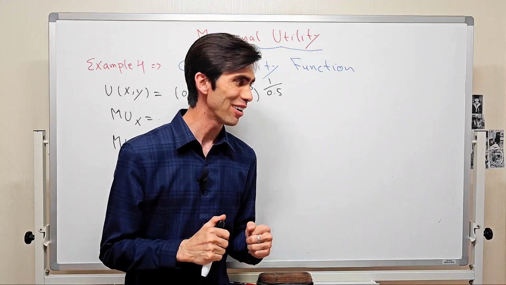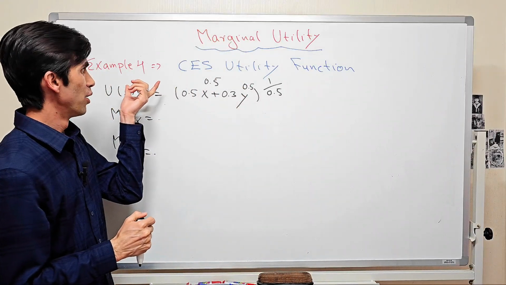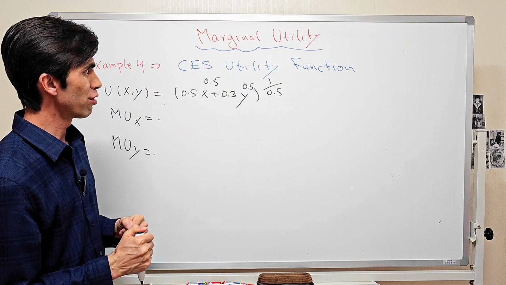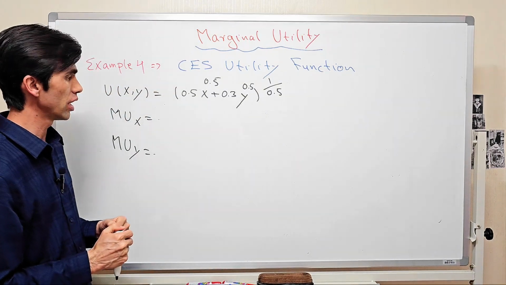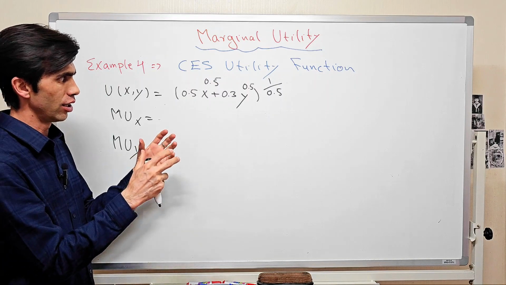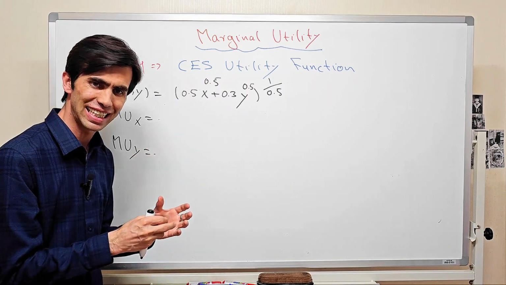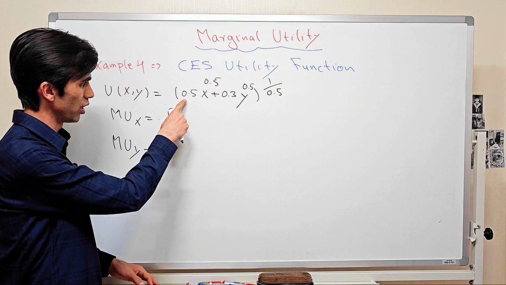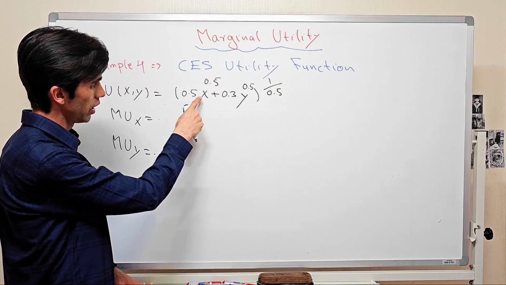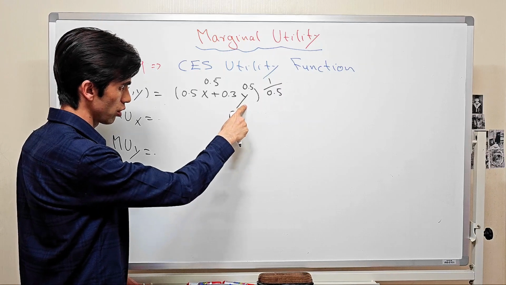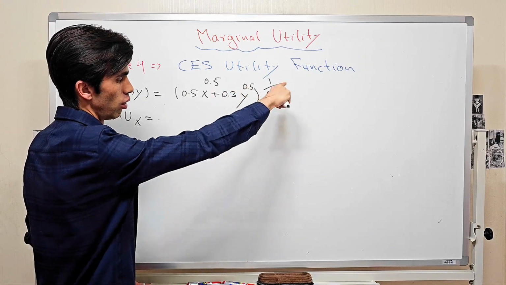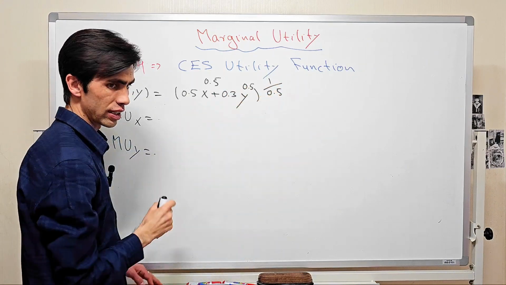Welcome again. So now let's work on example number 4 of marginal utility, where we are going to find the marginal utility for a numerical example of a CES utility function, which is equal to (0.5 x to the power of 0.5 plus 0.3 y to the power of 0.5) whole to the power of 1 over 0.5.